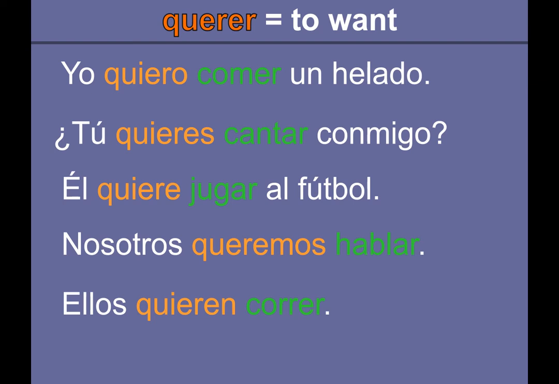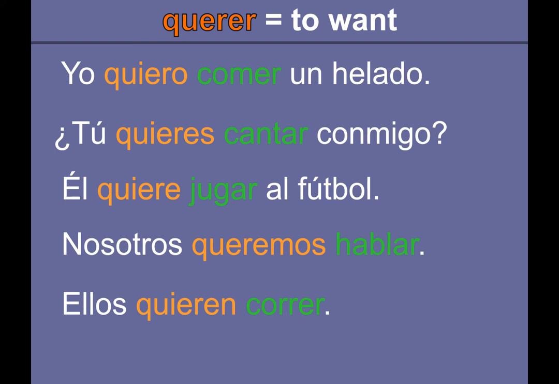What is the orange verb querer doing? That's right. It's still conjugating to match the person doing the action. You can see the conjugation forms. But now it's not being followed by a thing. It's being followed by, what are those green words? That's right. They're infinitive verbs.